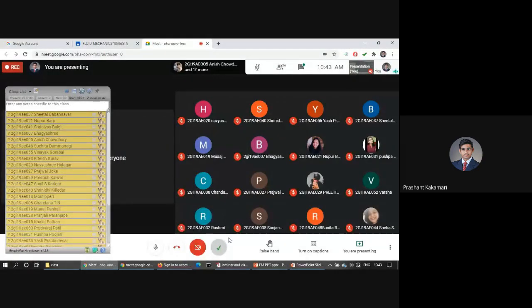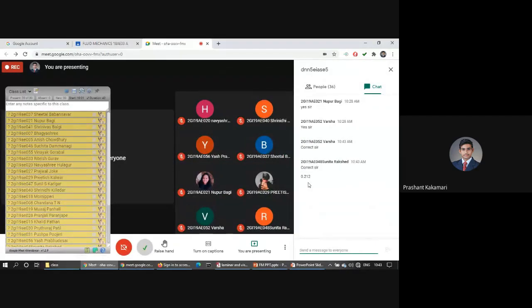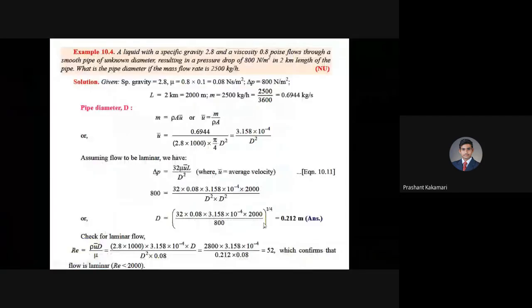Anyone found the values? Yes, 0.212. Okay, if it is correct, then later we can just check.